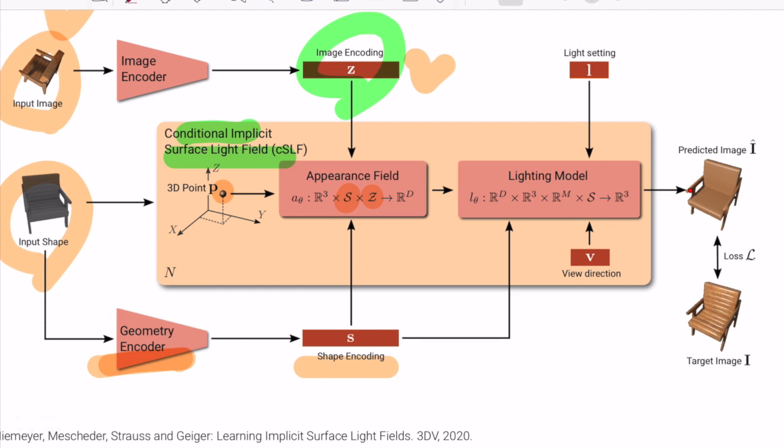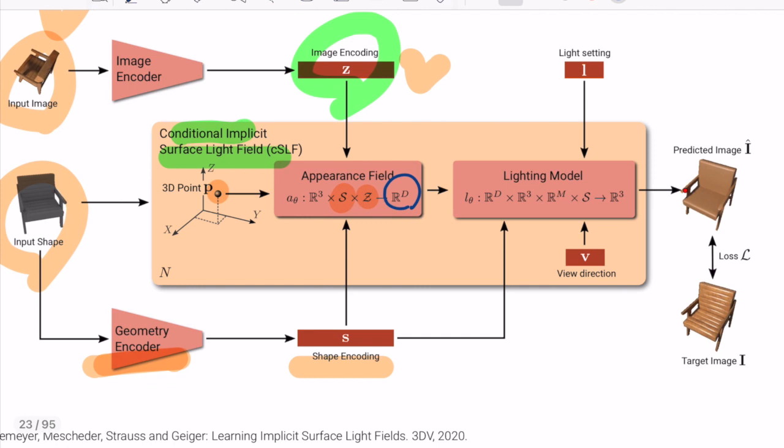It depends on how we design such an appearance representation, but in this paper, they just represent it as a d-dimensional vector. Then the lighting model is another neural network.